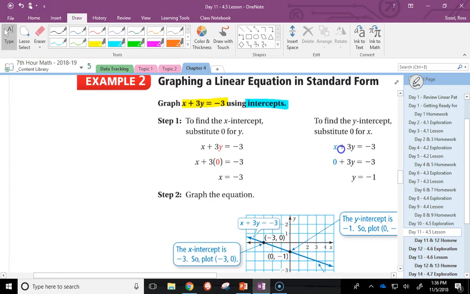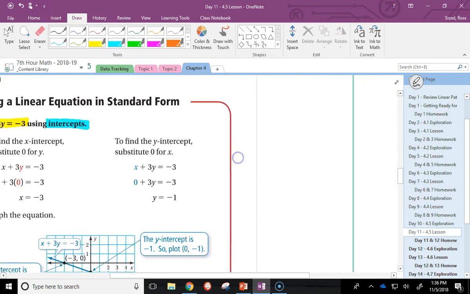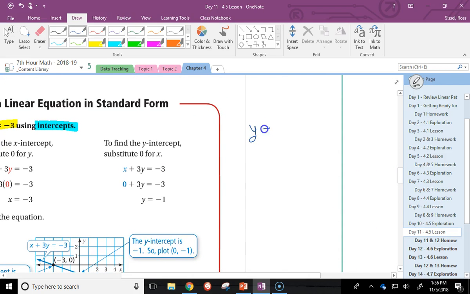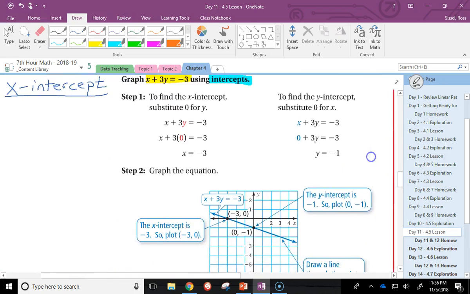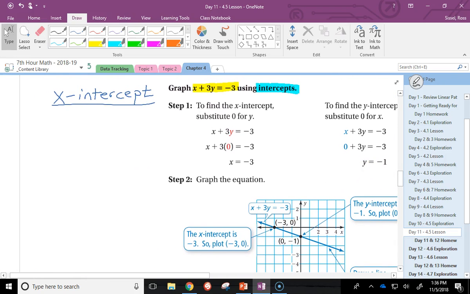We need 2 points to make a line. We are going to use the points from our x-intercept and our y-intercept. Alright, we're going to focus on just the x first. This really doesn't take us long. To find the x-intercept, y becomes 0.